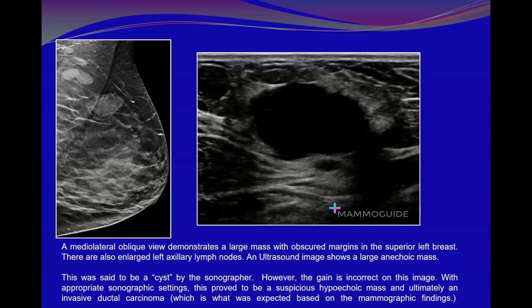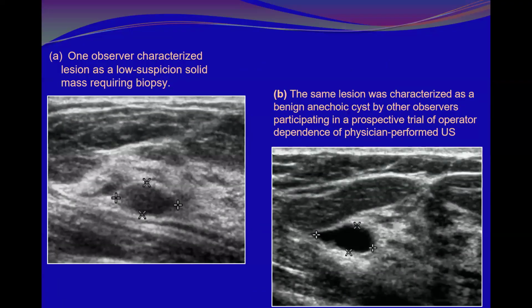The sonographer presented this mass as a cyst, but actually it was a suspicious hypoechoic mass proven to be invasive ductal carcinoma. If you look at the margin and the shape, it has some lobulations. And if you look at this border here, you can see some spiculation and there is a rind here. So that was invasive cancer.